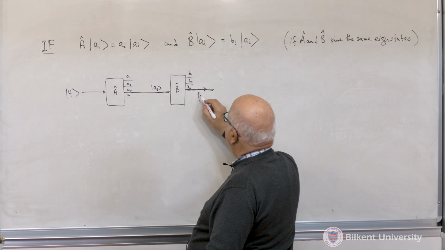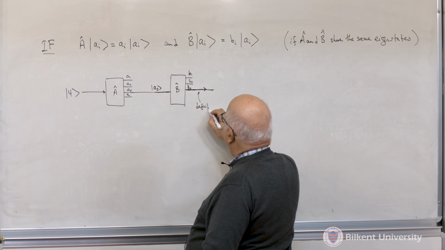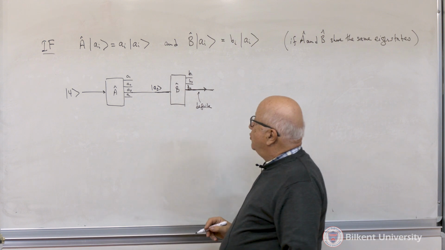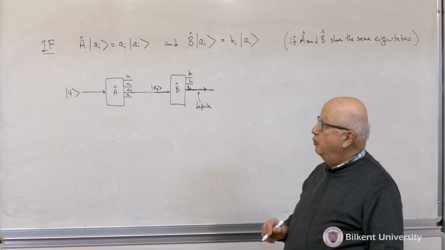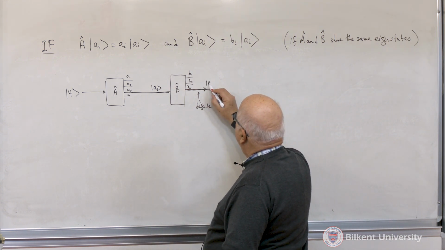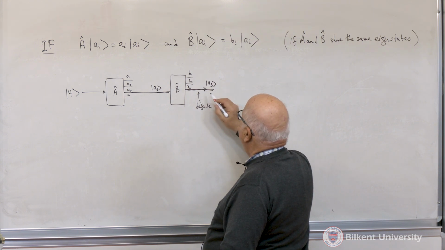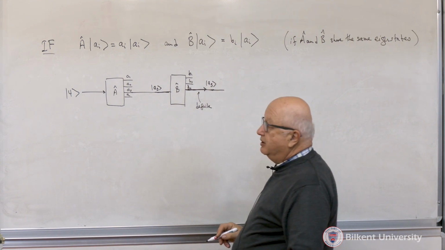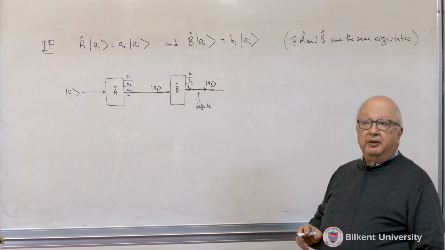So this is going to be a definite result because the system is already in an eigenstate of B. Although I have labeled it as A3, it is still in the same eigenstate.